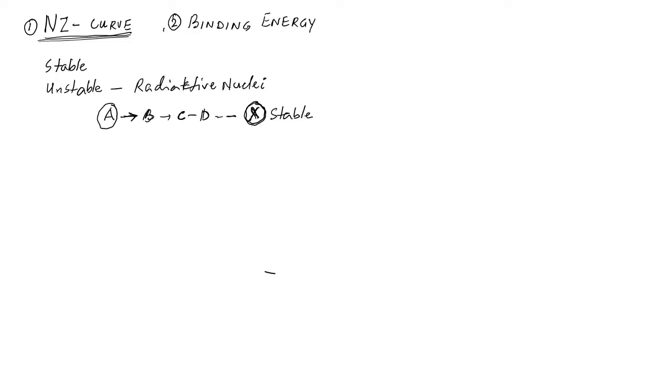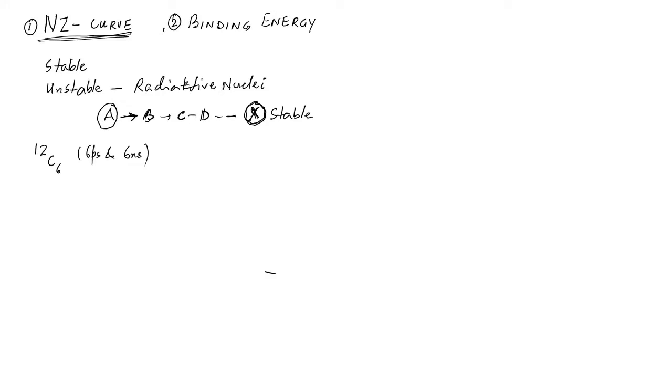For example, you know that carbon 12, carbon-12 with 6, in which we have six protons and six neutrons, is a stable nucleus. An isotope means the proton number is the same, the neutron number is different.